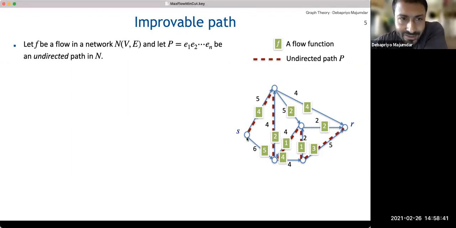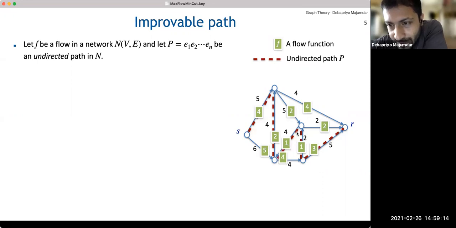Now, it is not necessary for the definition that the path has to be from the source to the sink, but I don't want to draw too many pictures. It takes me a lot of time to create this picture. So I have just drawn a path from source to sink, but note that this path is really undirected. This is along the direction of the edge that was there, but then the path went like this, and this was against the direction of the edge.